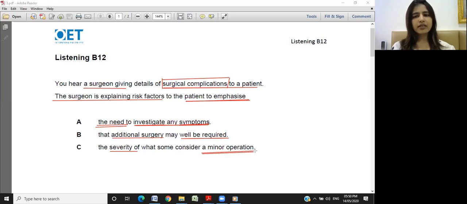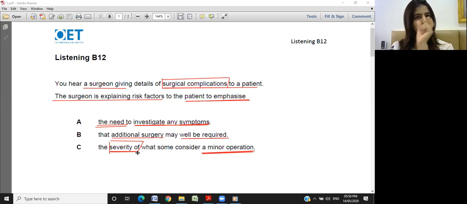People usually think that it is a minor operation, but the surgeon is trying to explain how severe it is. It doesn't mean depending upon severity. This option means people usually think that this is a minor operation, but the surgeon is trying to explain to the patient that it is not a minor operation. It can be very serious, or it can have very serious complications.